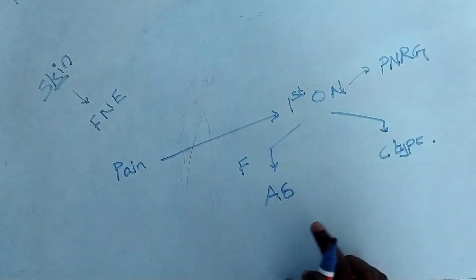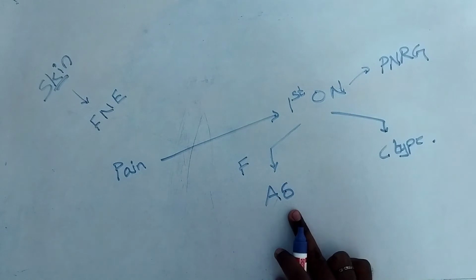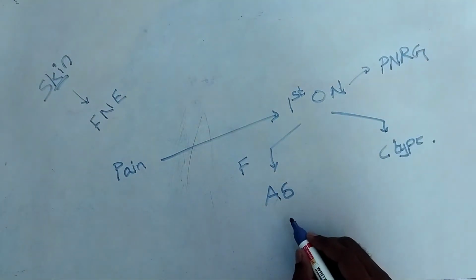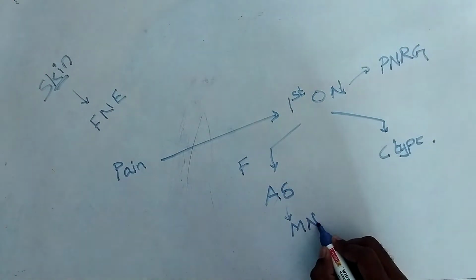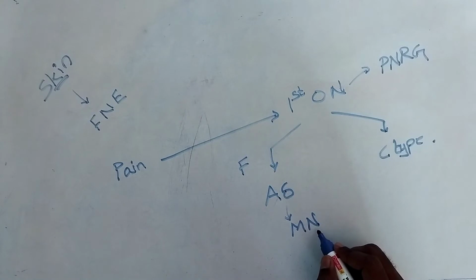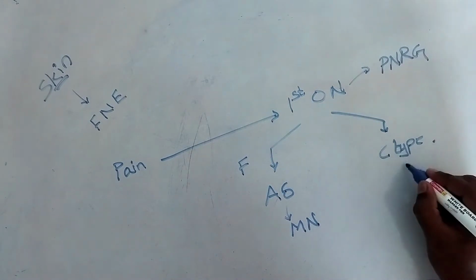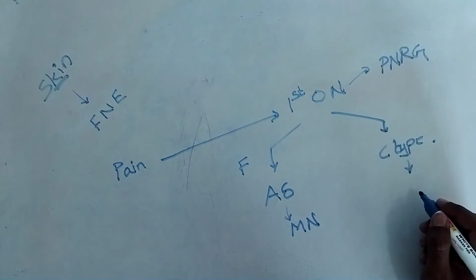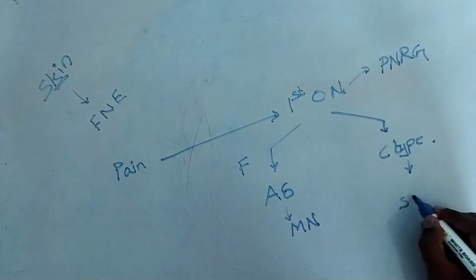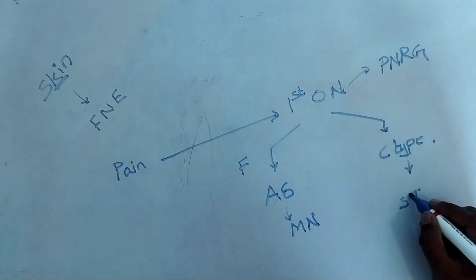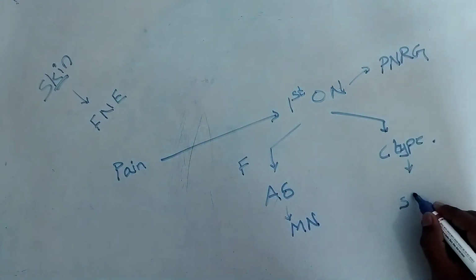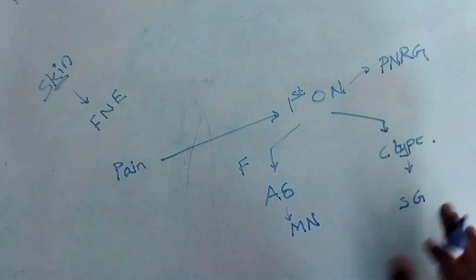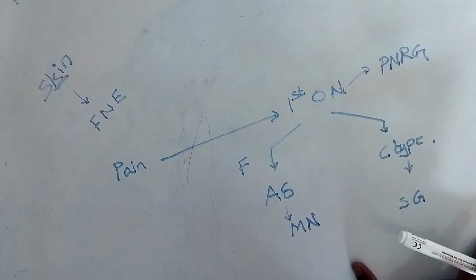The fast pain fibers, A delta type, will synapse with neurons of the marginal nucleus in the posterior gray horn, and the slow pain, C type fibers, will synapse with the substantia gelatinosa of Rolando in the posterior gray horn. Here it is marginal nucleus and here it is substantia gelatinosa. Up to here, we have completed the first order neuron.